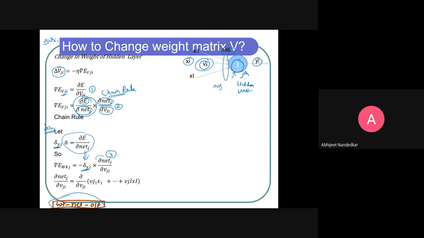Now here the second term, net j differentiated with respect to Vji. Net j is nothing but a summation like this, that is, all the inputs multiplied by corresponding weights and added together will give you net j. So when you differentiate with respect to Vji, only the intermediate term associated with Vji will remain, that is Xi.